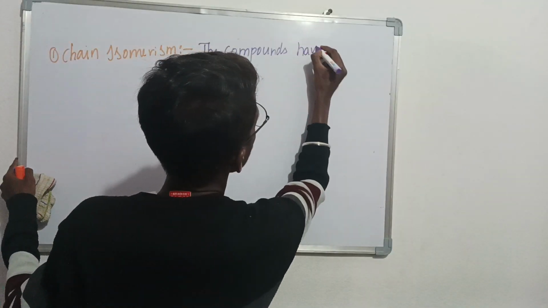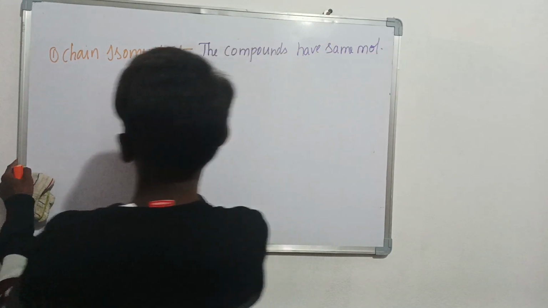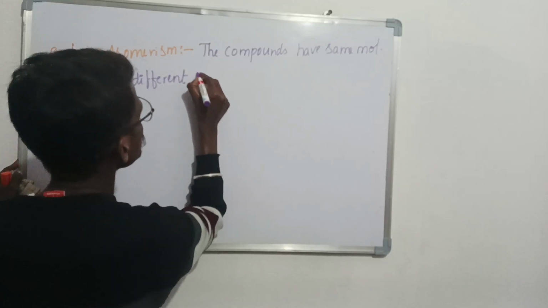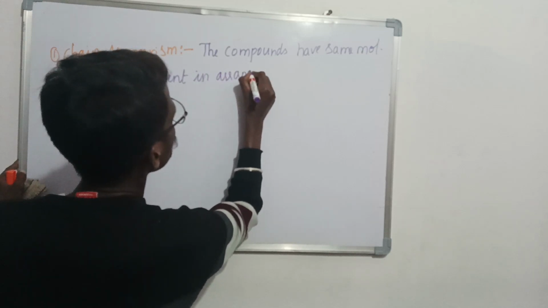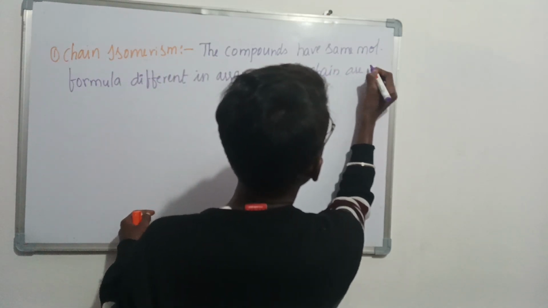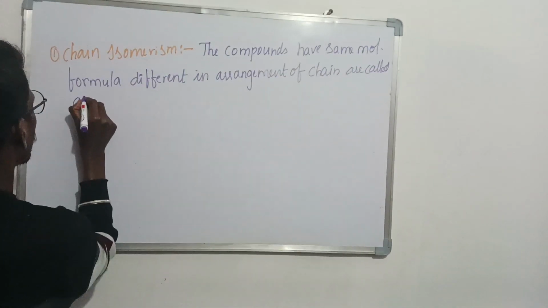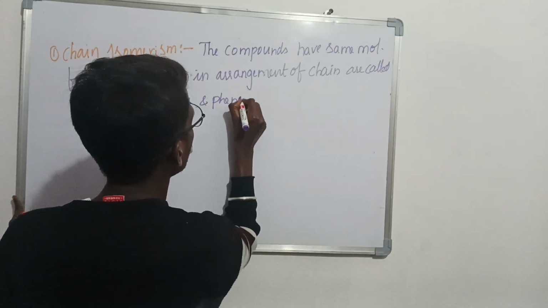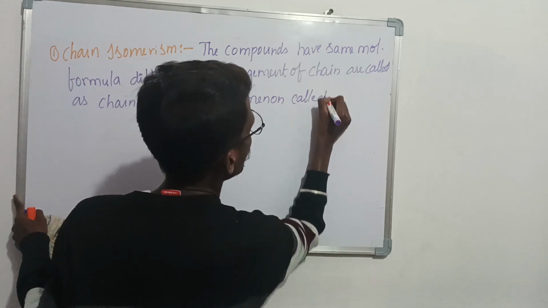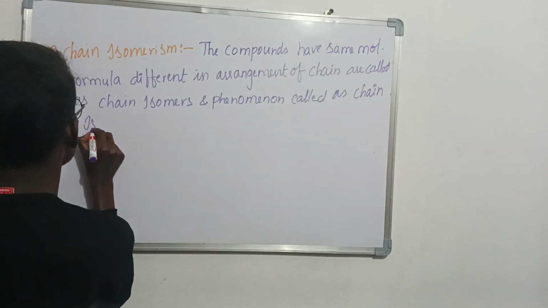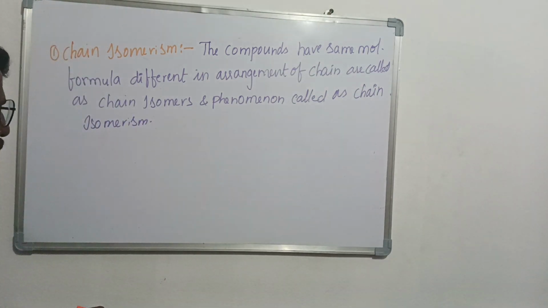The compounds that have the same molecular formula, but are different in arrangement of chain, are called chain isomers, and the phenomenon is called chain isomerism.